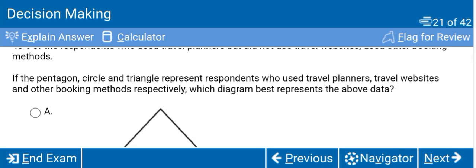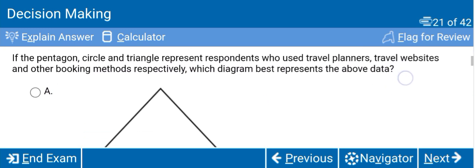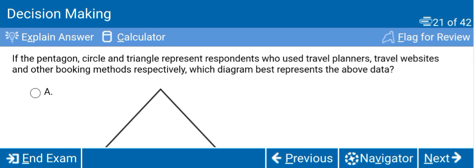If the pentagon, circle and triangle represent respondents who use travel planners, travel websites and other booking methods respectively, which diagram best represents the above data?